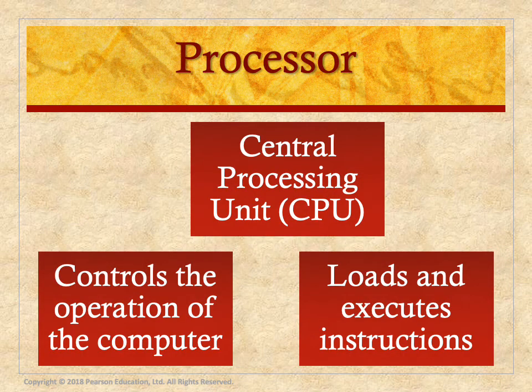We start with the processor. If there's only one processor in a computer, then this is also known as a central processing unit, CPU, but there might also be multiple processors in a single computer system. The processor controls the operation of the computer.